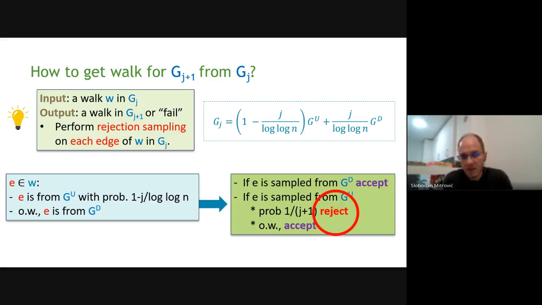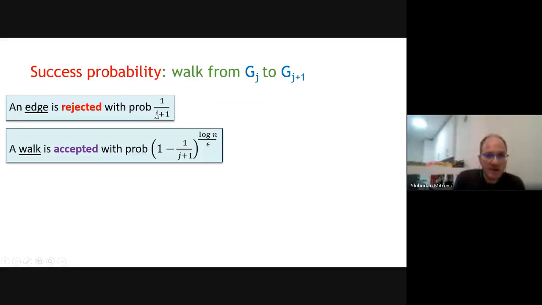You might wonder, we are rejecting sometimes, so what is the probability of this rejection? It's very important, so let's discuss it a bit more. An edge is rejected with probability 1 divided by j+1. So the entire walk that you get on input is accepted with probability (1 minus the rejection probability) to the power of the length of the walk, and the length of the walk is log n over epsilon.